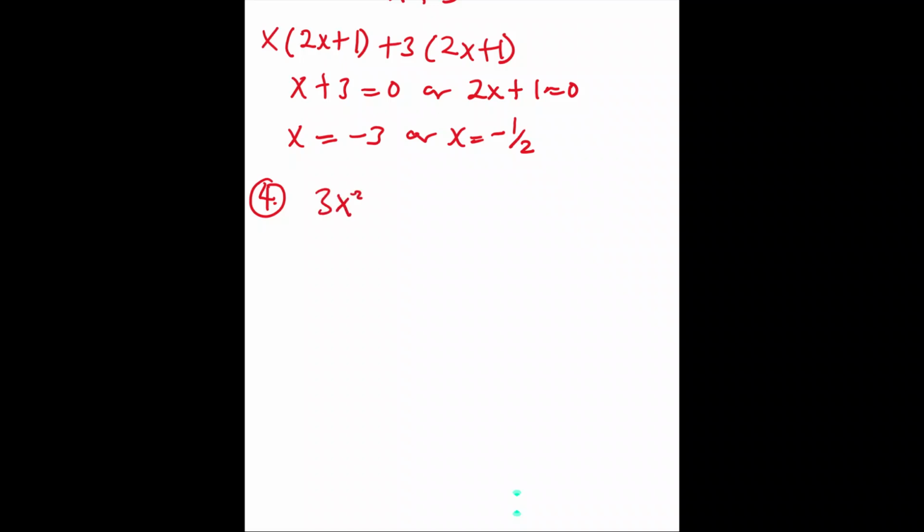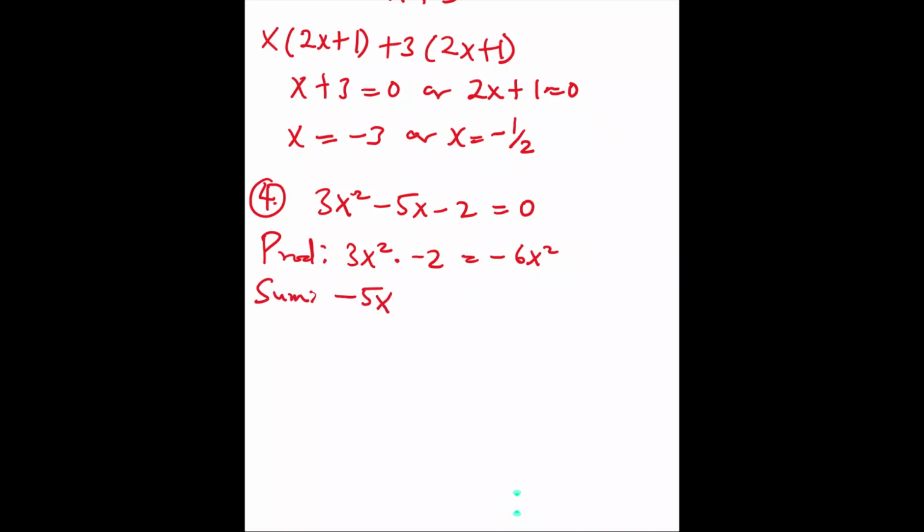Number 4, we have 3x squared minus 5x minus 2 is equal to 0. And the product is 3x squared times minus 2. So that will be minus 6x squared. And the sum will be minus 5x.